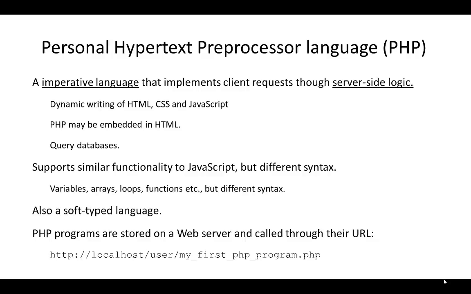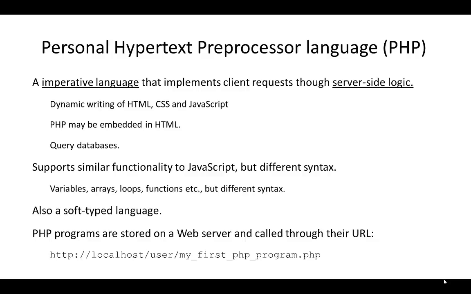But, okay, it's also a soft typed language. Remember soft typing, which means you can assign any value to a variable. You don't need to use a dim statement to specify that this variable is going to store a particular data type.